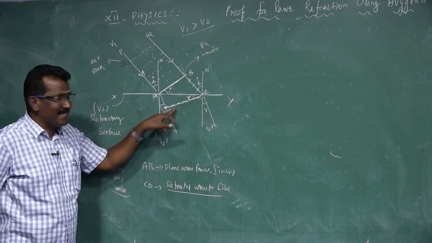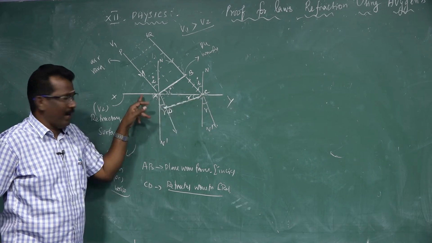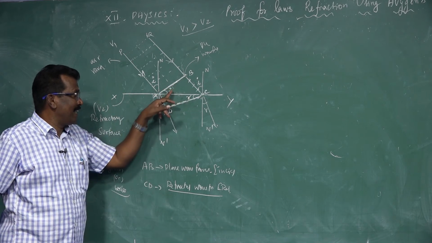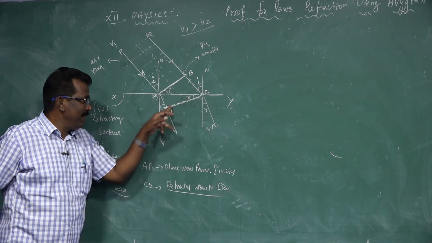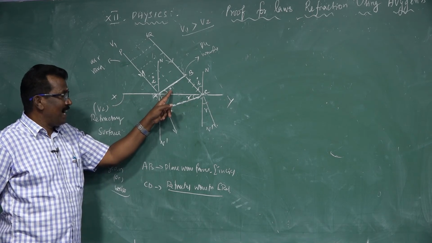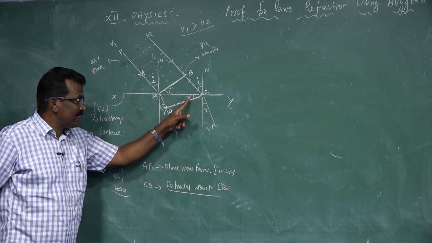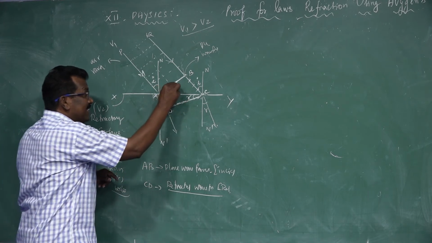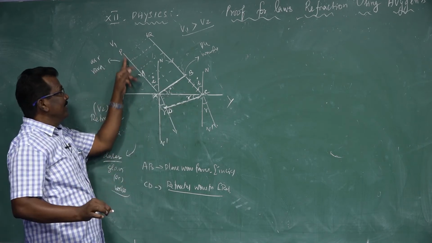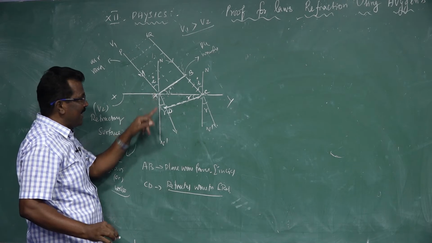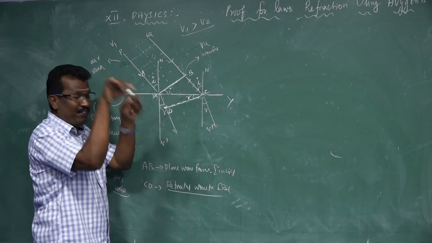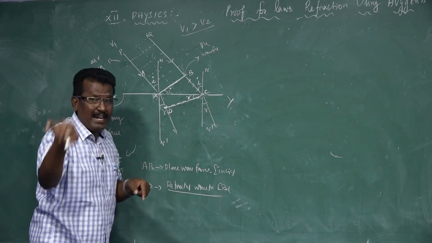CD makes an angle R with respect to XY, and AB makes an angle I with respect to XY. So I represents the angle of incidence and R represents the angle of refraction. This is the incident wavefront and the refracted wavefront, whereas PA is the incident ray, AD the refracted ray, AB the incident wavefront, CD the refracted wavefront.